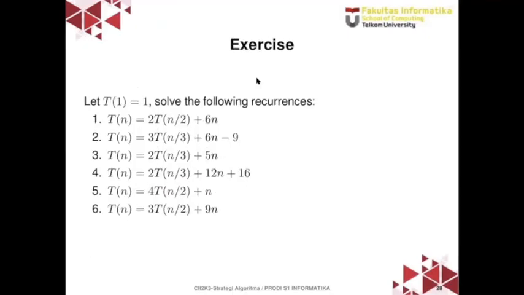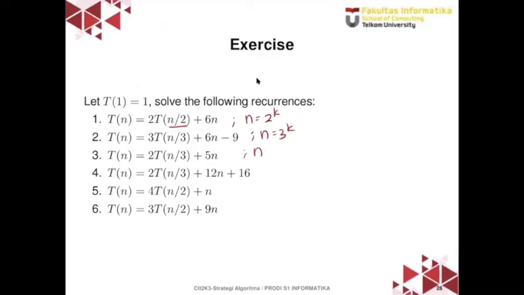There's another type of recurrence relation we have, something like this, but actually it also means that n is in the form of this for some non-negative integer k, of course. And also this n is 3 to the k.